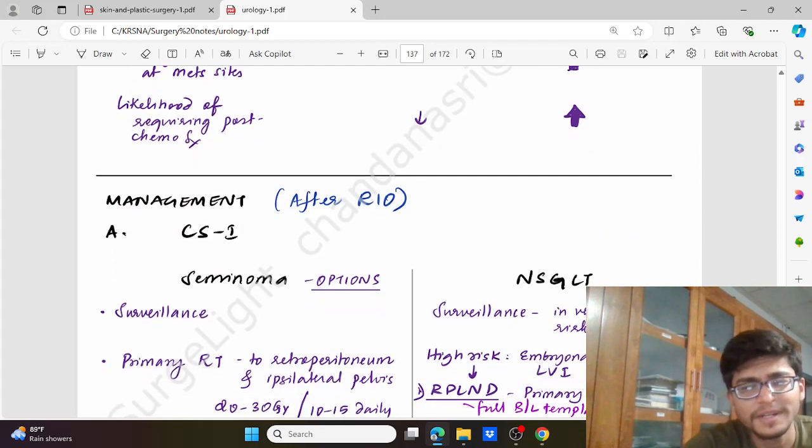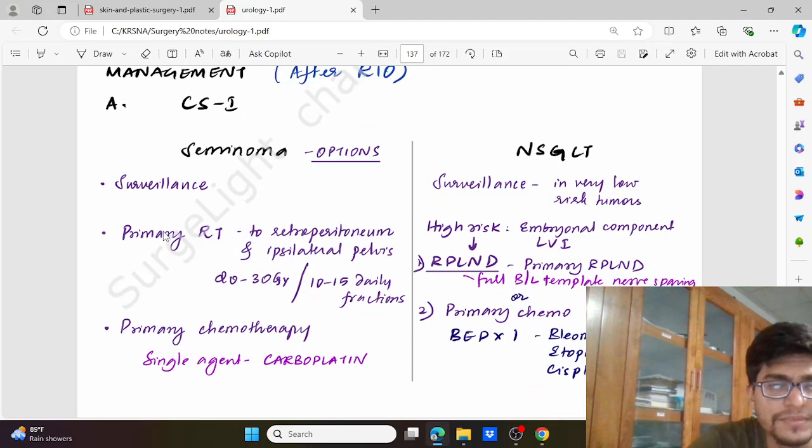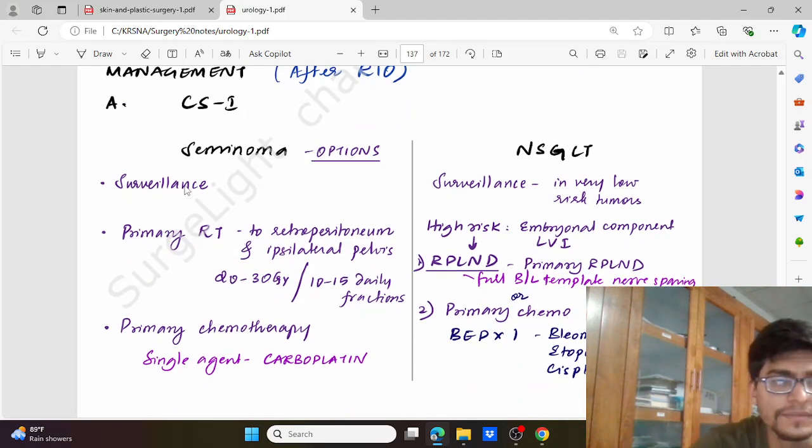Now we see the management after radical inguinal orchidectomy. For clinical stage 1 in seminoma, we have the option of surveillance, primary radiotherapy to retroperitoneum or ipsilateral pelvis, or primary chemotherapy, single agent that is carboplatin.